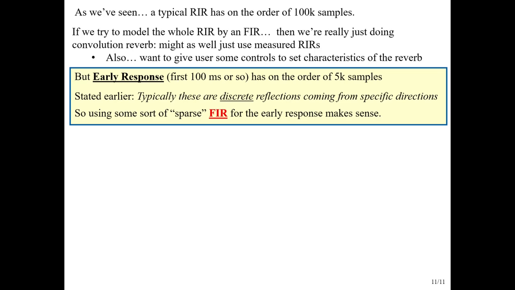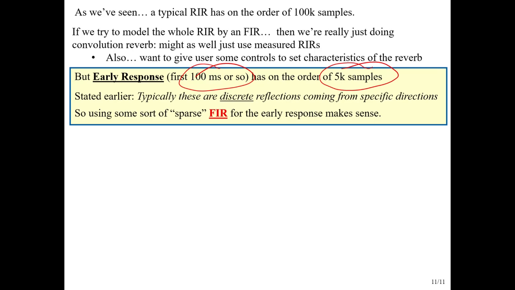So implementing the whole thing as an FIR is really not what we want to do. But the early response, that's just the first 100 milliseconds or so, and that's something on the order of 5,000 samples, but they're also very sparse, right?